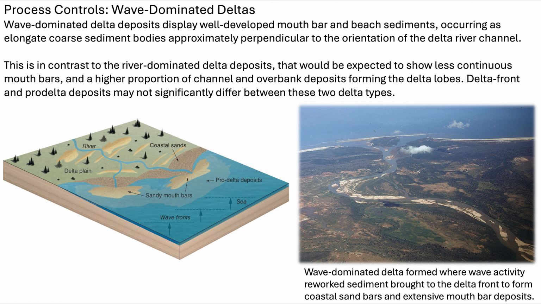The deposits of tidally influenced deltas can be distinguished from other deltas by the presence of sedimentary structures and facies associations that indicate that tidal processes were active. These include reversals of paleoflow, mud drapes, and so on, with subaqueous mouth bars elongate parallel to the river channels.